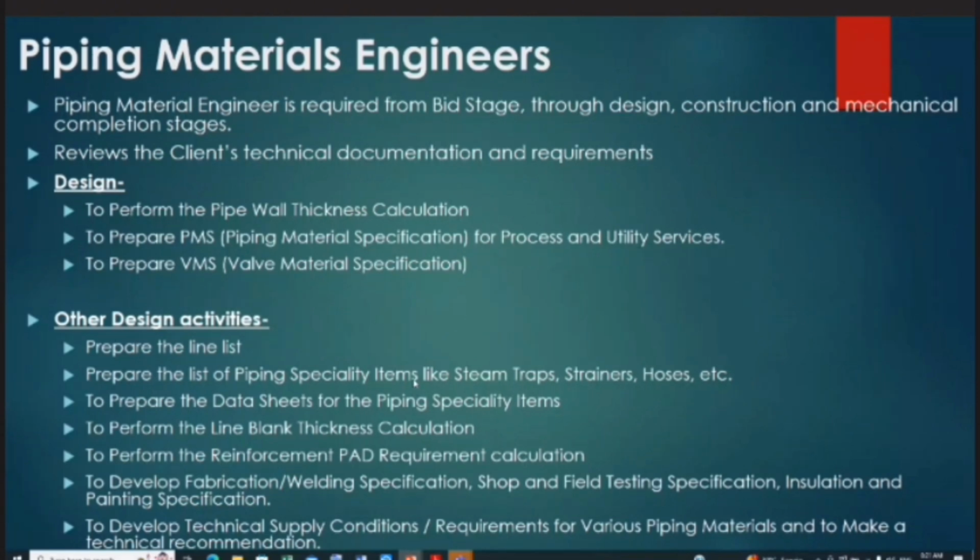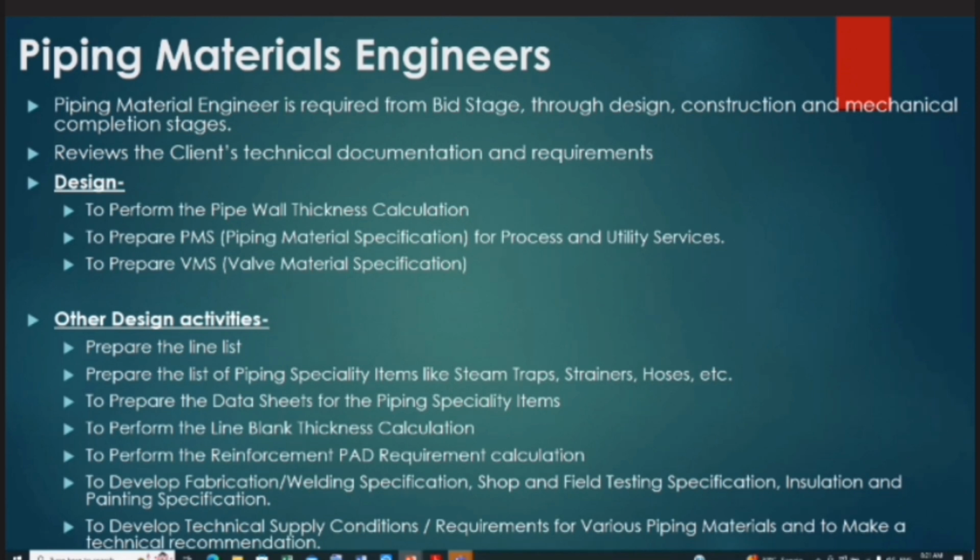So generally the components like the pipe, elbow, reducer, tee, gasket, valve, bolt, we call all these components standard piping components. Other than this, we have a few components like the steam trap, strainer, hoses, or different layout special parts, like funnel or bird mesh.